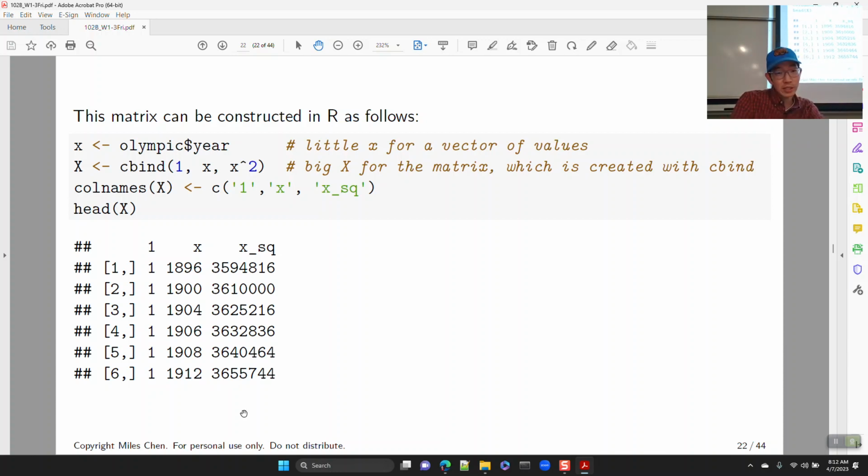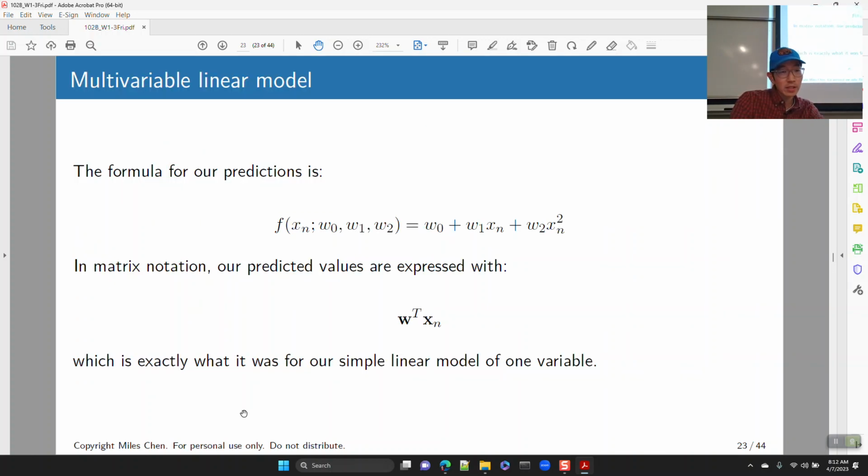And then I can say, all right, let's solve for the W that's going to figure this out, right? And so my predicted values are going to be our W0. We have an intercept, we have a weight for the X term, and we have a weight, a W2, for the X squared term, okay?